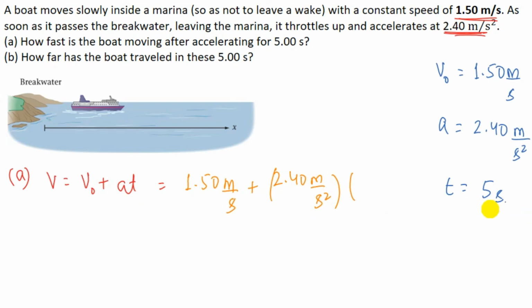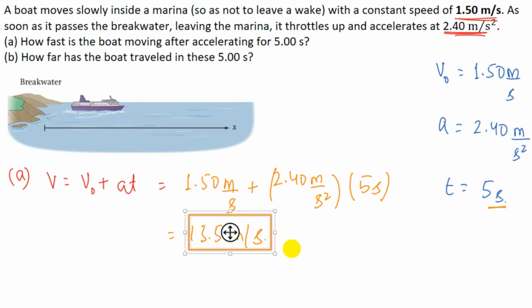T we have to take to be 5 seconds. So this is 5. Now on further solving, we'll get this value to be equal to 13.5 meter per second. So the answer for the A part is 13.5 meter per second. Now we can solve the second part.